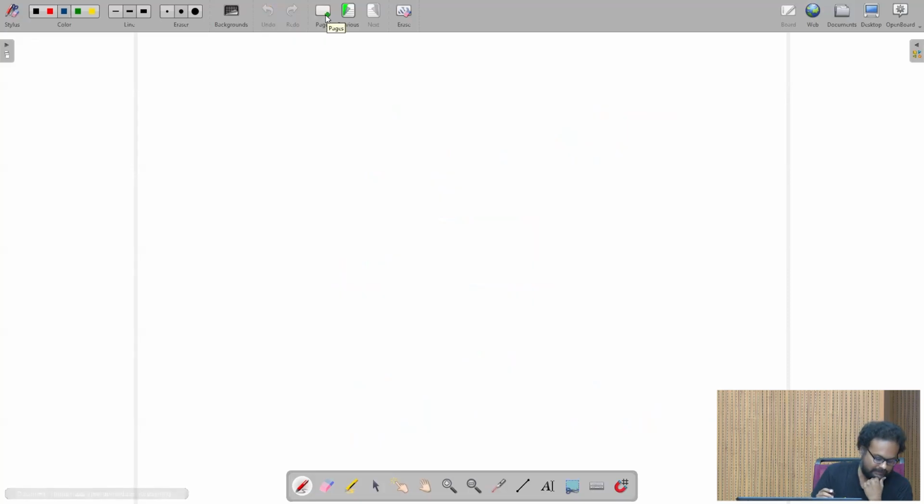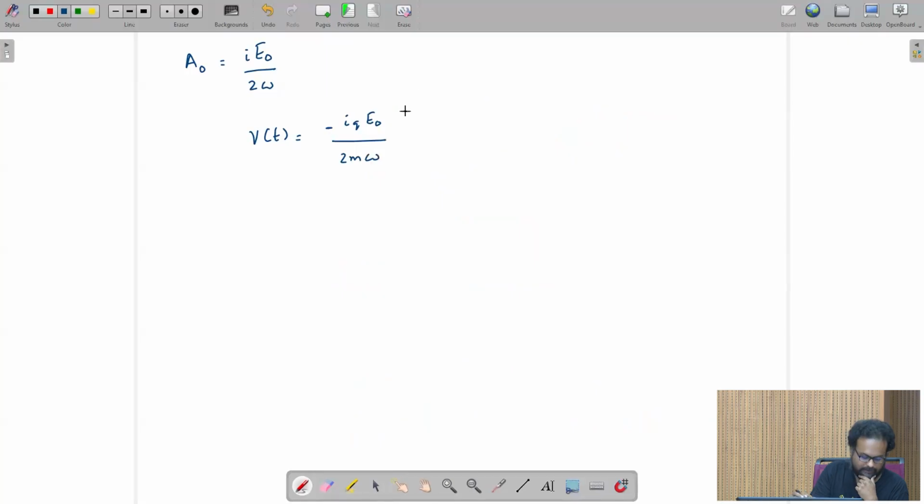If I neglect that, and also considering that my A naught, the amplitude of the vector potential, is of course related to my electric field amplitude, assuming that you remember your electrodynamics, then you can write out my V of t as minus i q E naught over 2m omega, unit vector, operator.